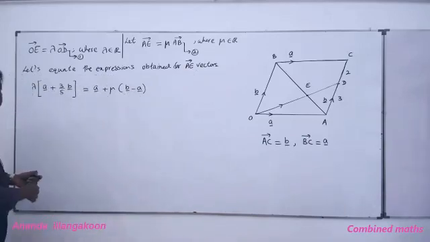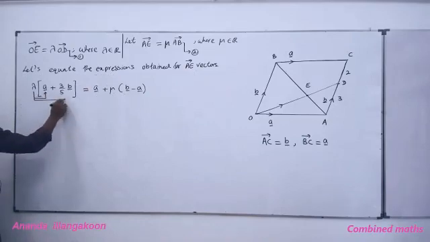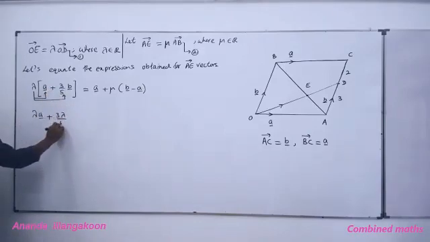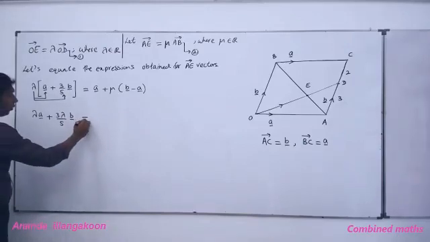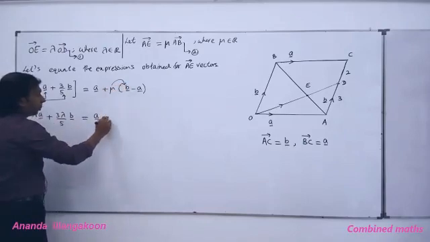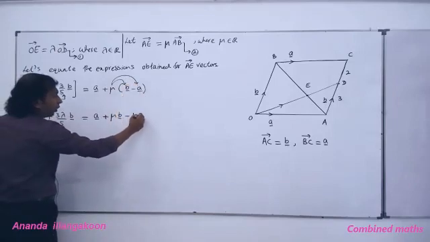Before going there, what I do is this: I multiply lambda into the bracket. Then this becomes lambda a, and when you multiply this, you get 3 lambda divided by 5 times b. And it is equal to mu b, plus this value, 1 minus mu, times a.